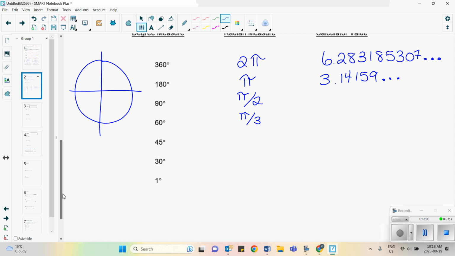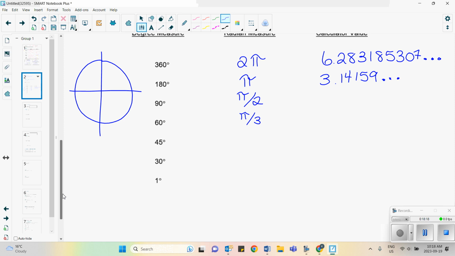Okay, let's jump to 30. 5 pi by 6? So we could do 90. We know 30 goes into 90 3 times, so we divide pi over 2 by 3.